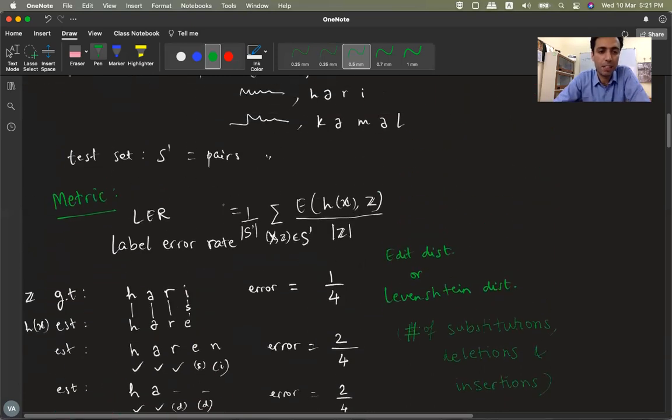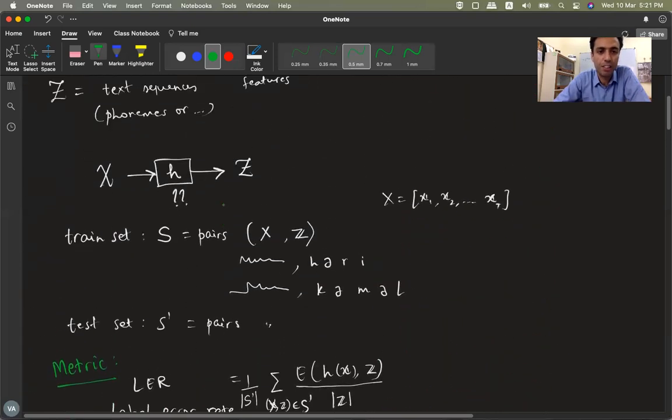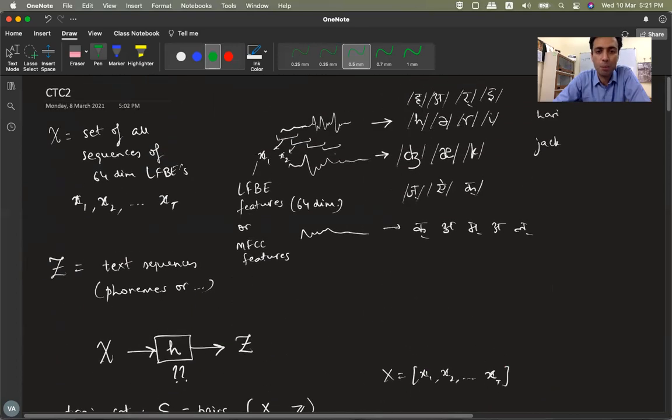Now, how do we define our H? So basically first of all, we map each window to a multi-class classification kind of distribution, basically a categorical distribution, right? Which will tell what is the probability of each category or each label.